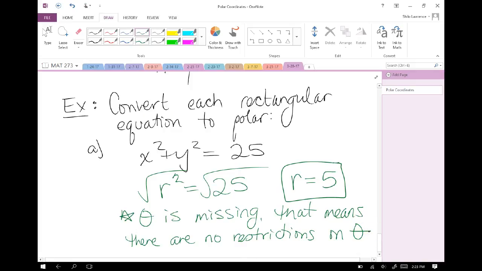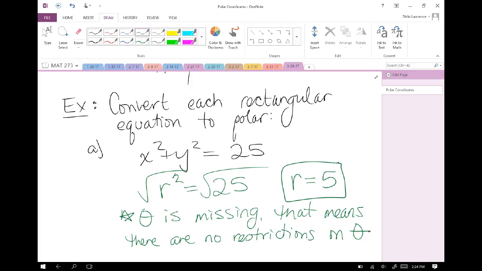One really important thing I want to point out here is we've taken this from an equation that has two variables to an equation that only has one variable, which is definitely going to be much easier to work with. And the fact that there is no theta in that equation just means that there's no restrictions on theta. All an equation is, is a restriction. An equation means we're going to use a collection of points that meets this restriction.